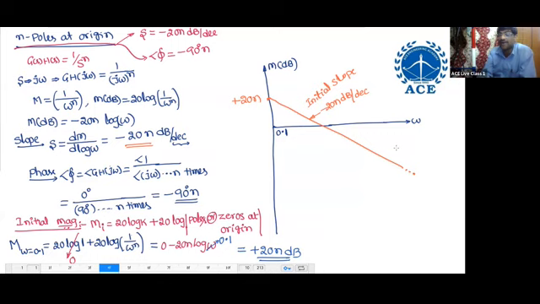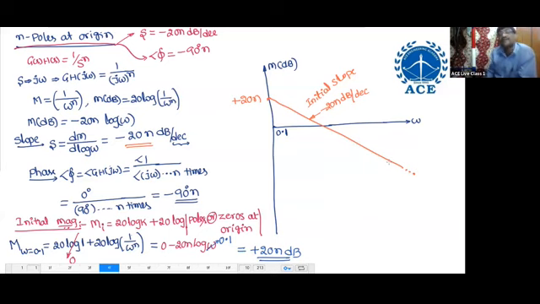Don't write 0 dB here. If you write 0 dB, you need to calculate at what frequency it crosses 0 dB. If you don't write it, we don't have any problem. It may cross at any frequency because that magnitude may be 10 or 5 or 0 or minus 5. So better not to write it. Here, mainly, are you able to draw this line or not?